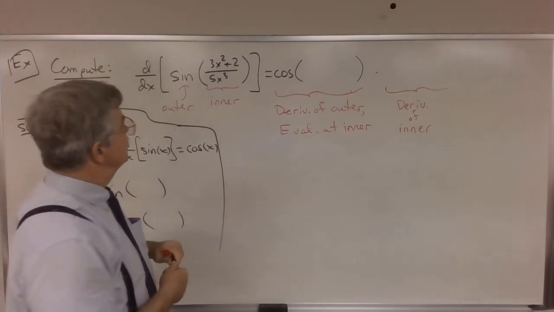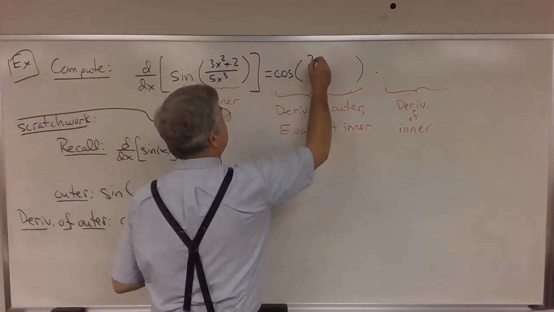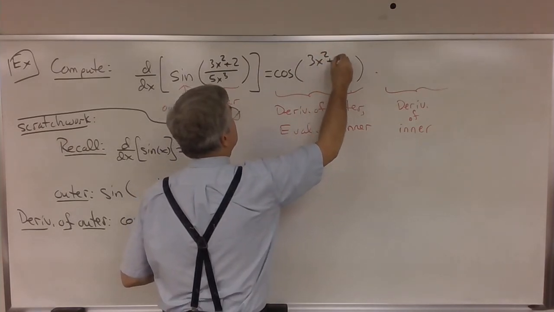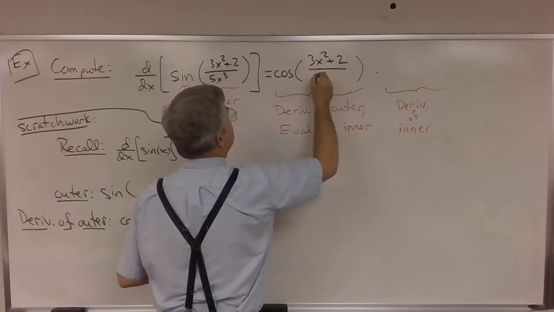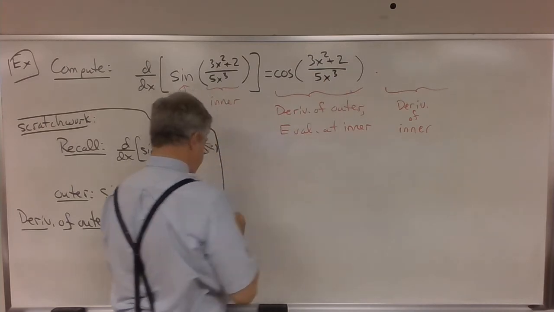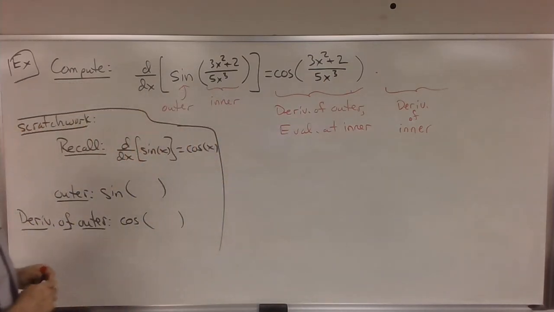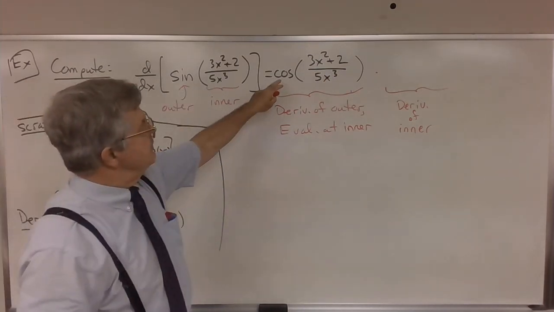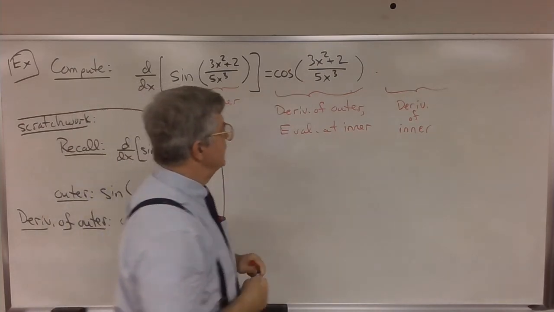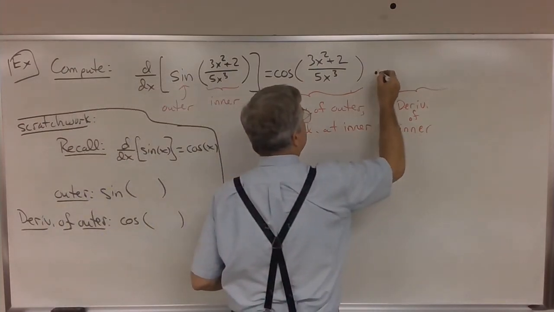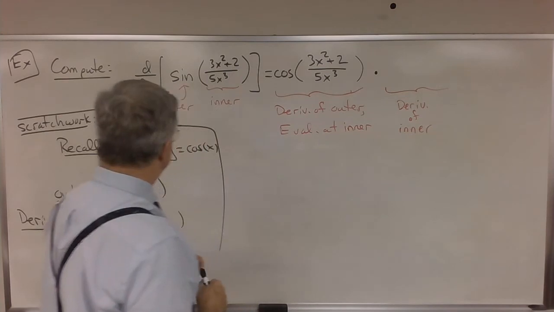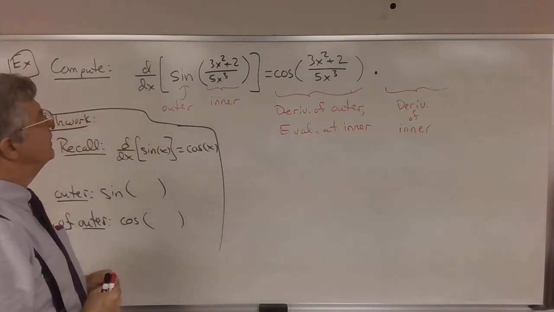Okay, derivative of the outer, cosine evaluated at something, evaluated at the inner, this quotient, so 3x squared plus 2 all over 5x cubed, times derivative of the inner.